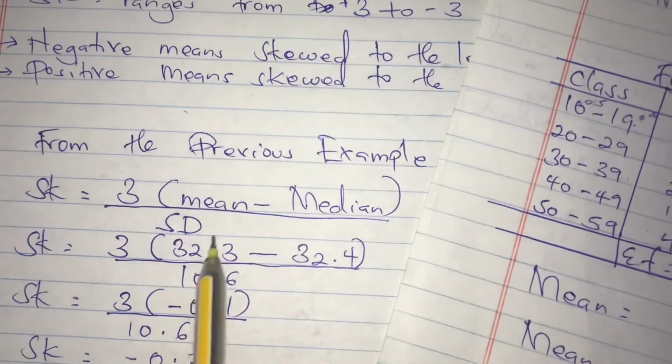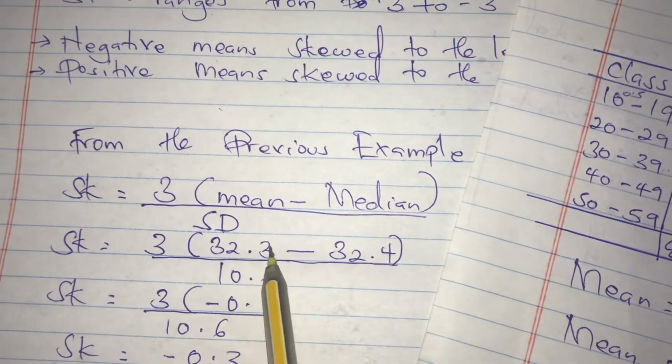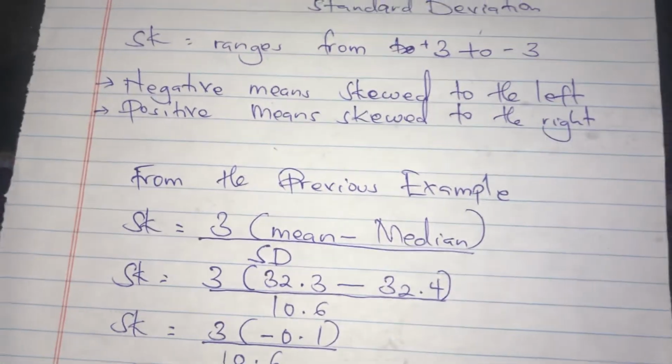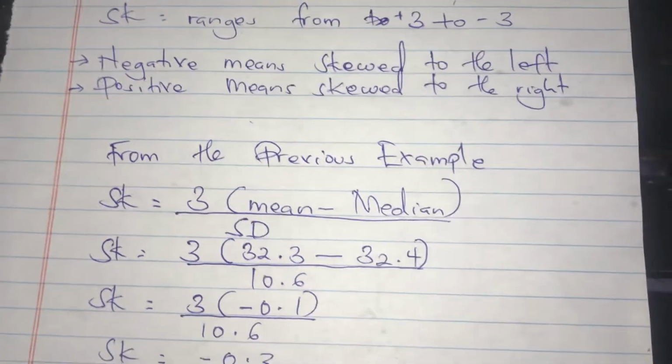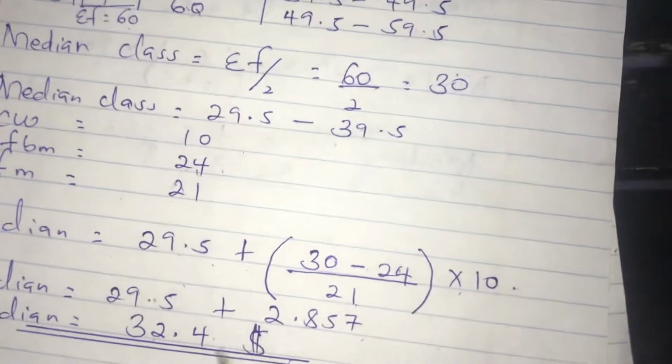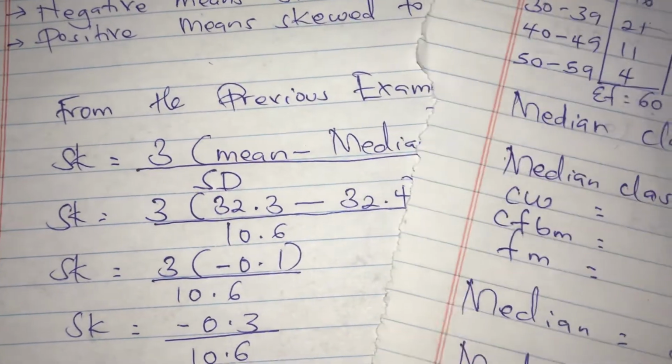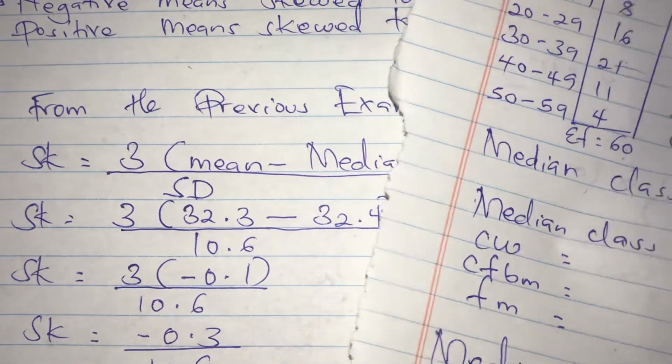So we substitute it in here, 32.3, and then the median, our median was 32.4. So we substitute it in here, 32.4.